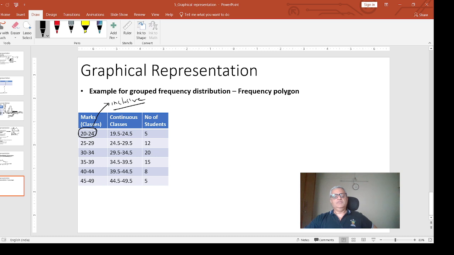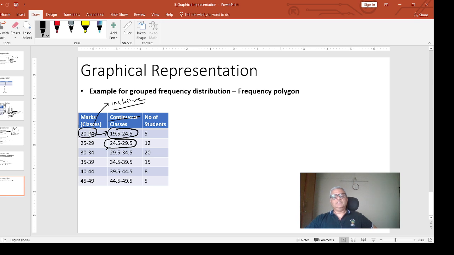Both 20 and 24 are included in one class. Now since it is a continuous variable, we need to convert this into continuous classes.